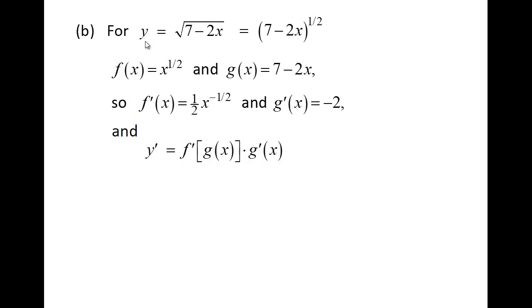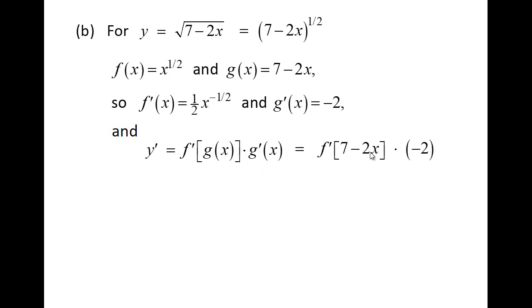Now we know that y prime by the chain rule is equal to f prime evaluated at g of x multiplied by g prime of x, which is equal to f prime evaluated at 7 minus 2x, because that's g of x, and g prime of x is negative 2.